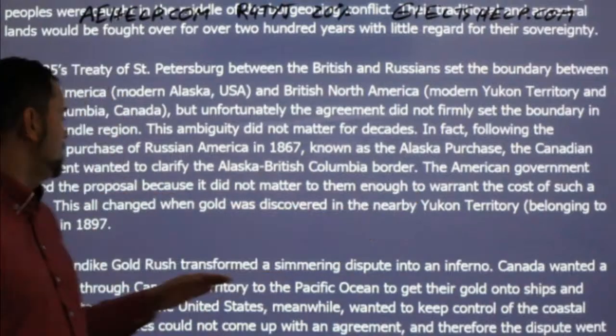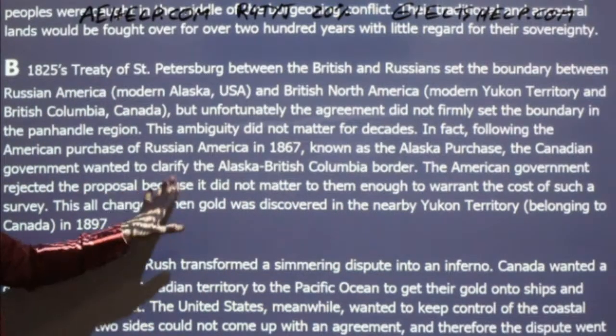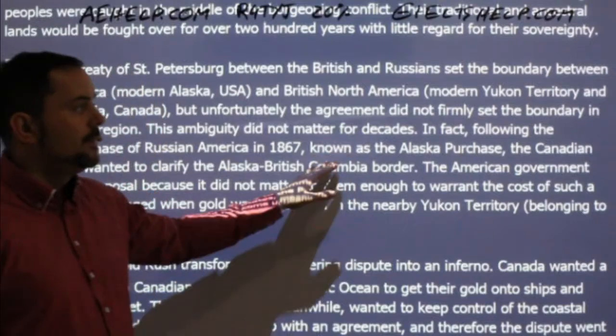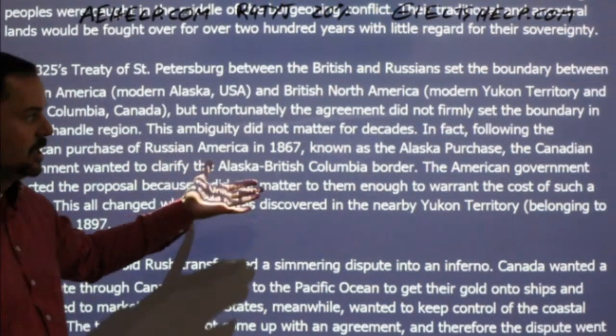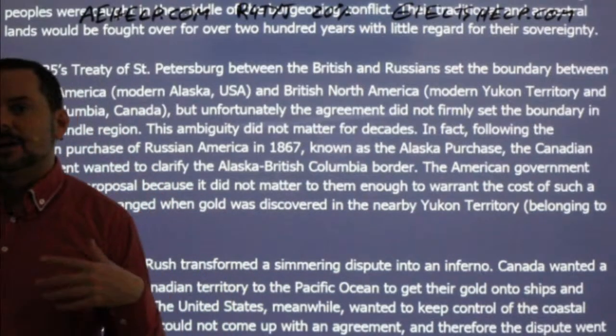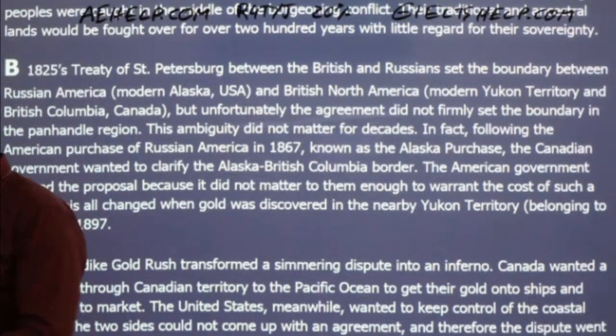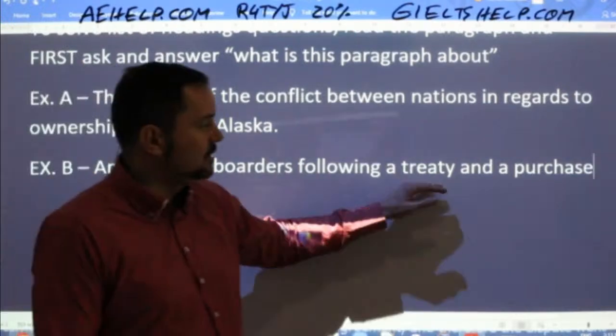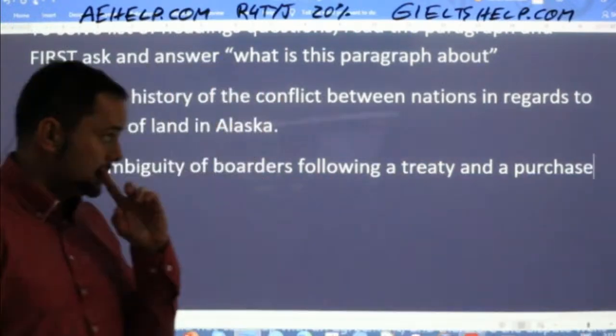But the American government said, it's too much money, we don't want to survey it. So the Russians sold that chunk of land to the Americans, so that's after this treaty. So there's a treaty here, but there's also a sale. Did everybody get this information that there's a treaty and a purchase in this paragraph?